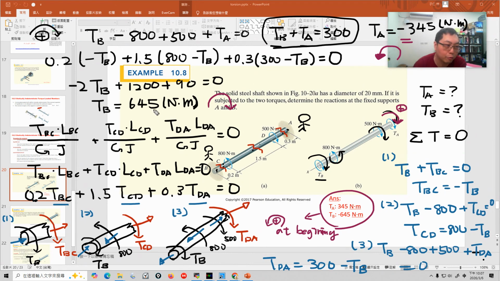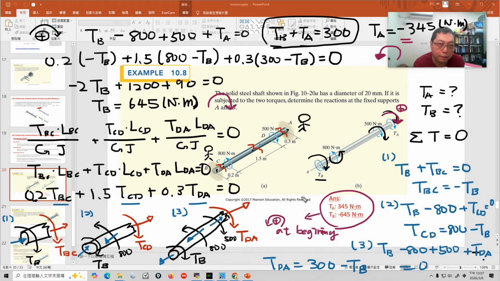That's why we obtain a reversed answer compared to this one. So the difference is because of your initial assumption for the sign convention. In a torsional load problem, your initial assumption will influence your final answer, especially the direction.